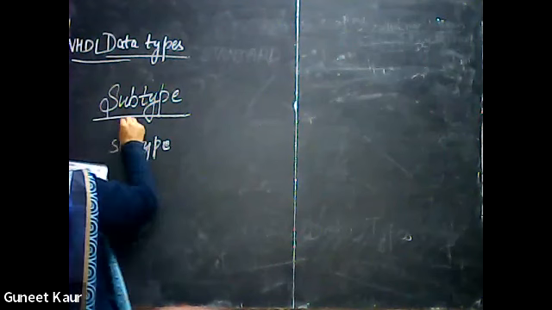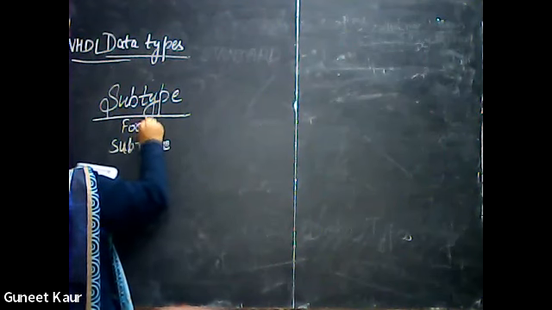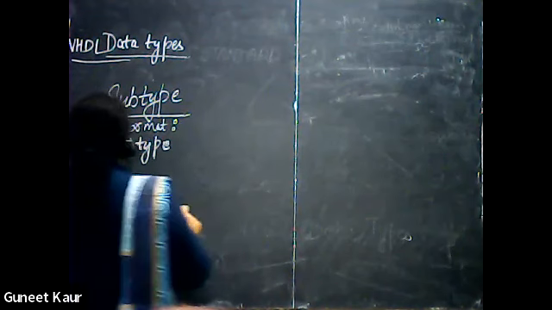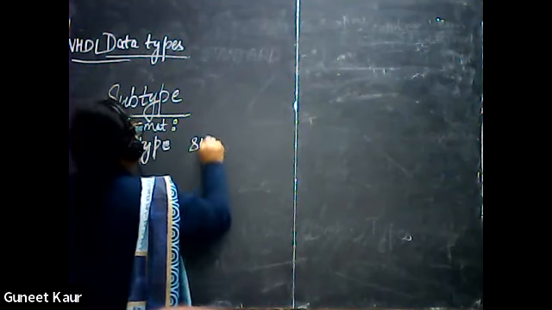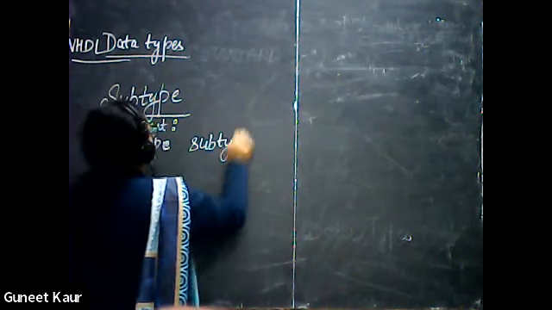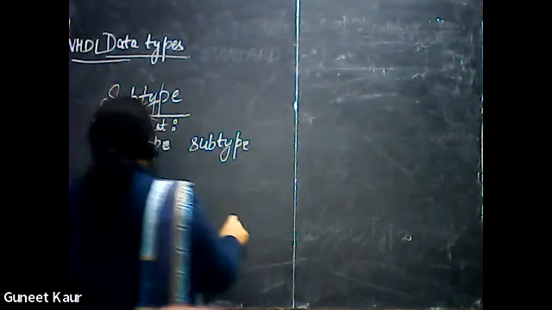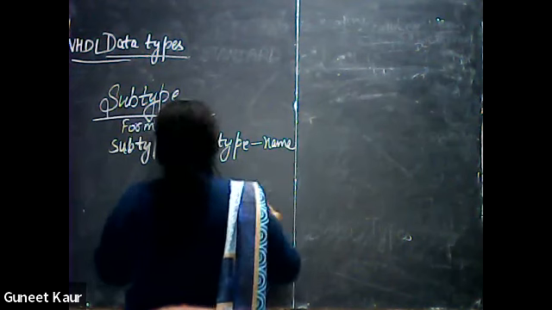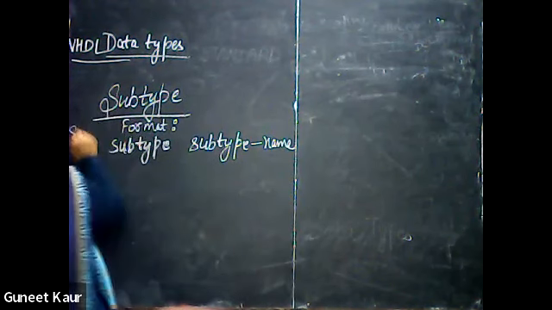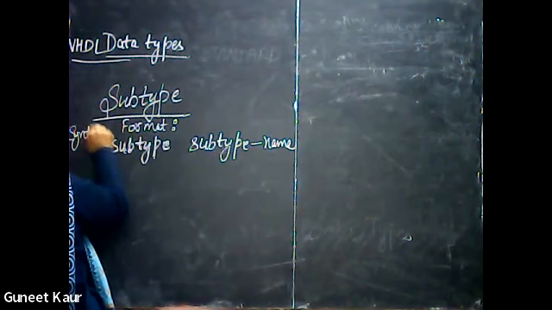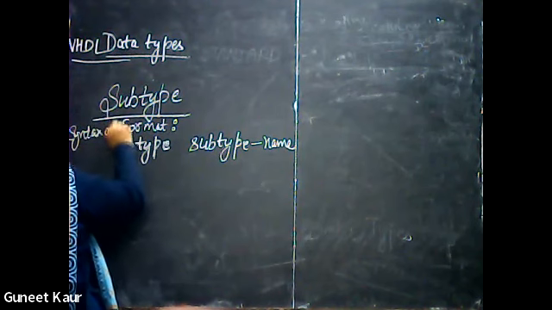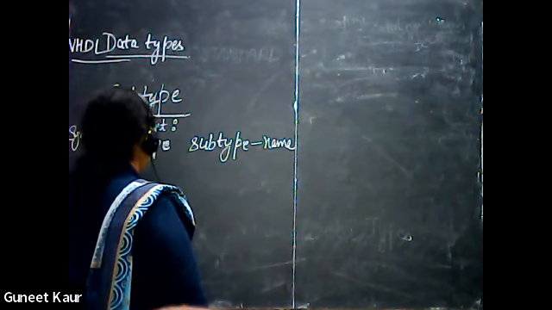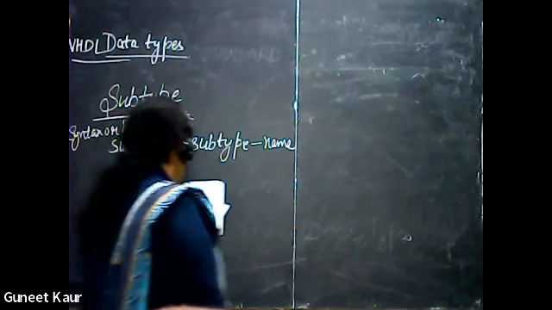This is the format, the syntax in which we write the subtype. Subtype in bold, then the subtype name.